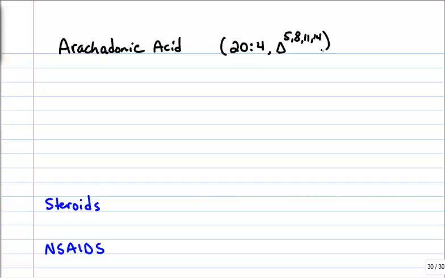So this is arachidonic acid. It is a fatty acid. It is a part of membrane lipids. Just like we've talked about membrane lipids before, each membrane lipid molecule contains 2 fatty acids esterified to a glycerol backbone. One of those fatty acids can be arachidonic acid.